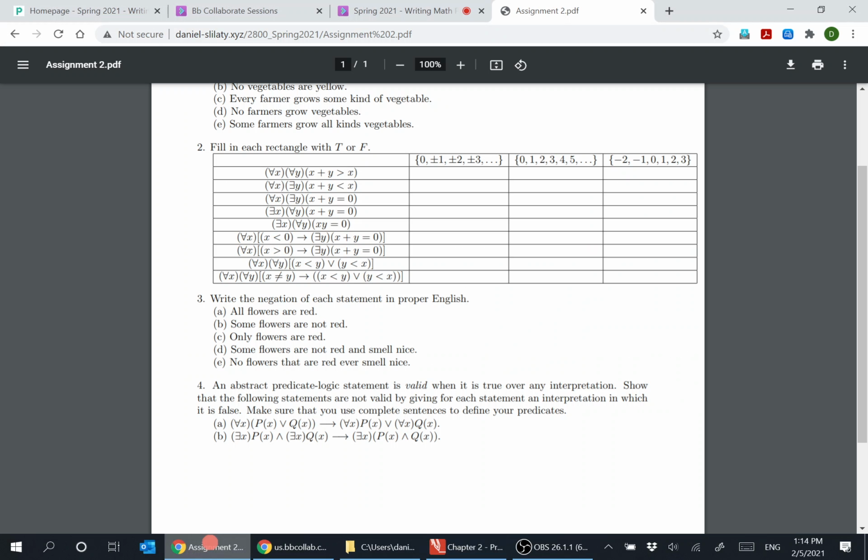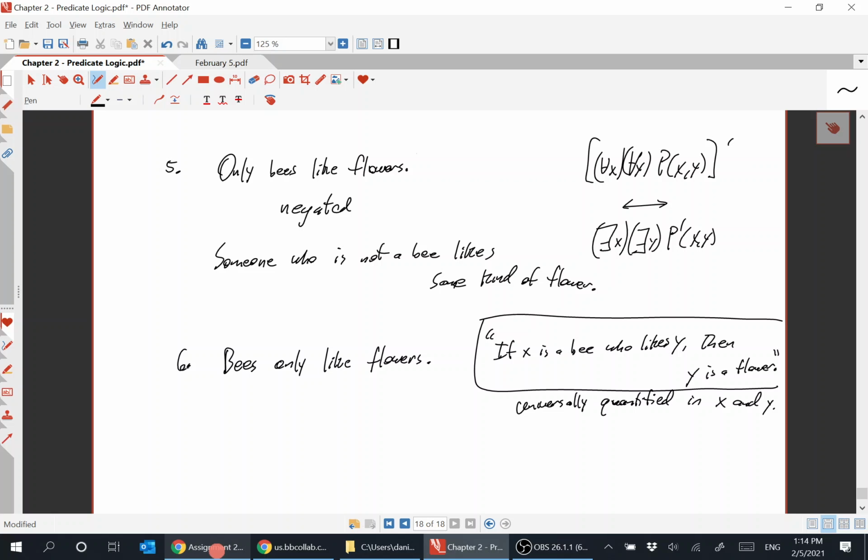Because it's an implication statement, it has to be universally quantified in x and y.